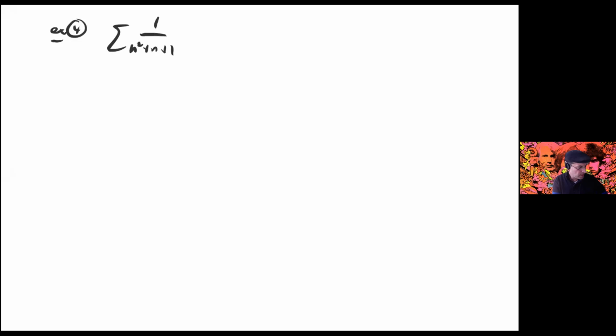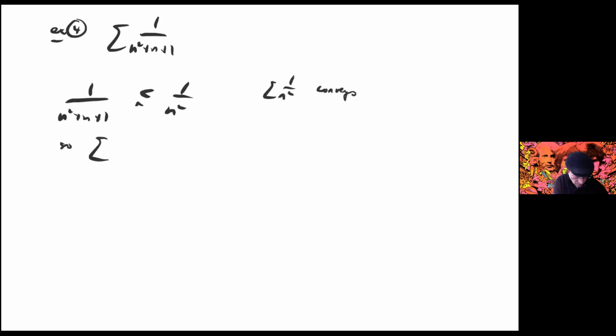Now 1 over n squared plus n plus 1 is less than or equal to 1 over n squared for all n greater than or equal to 1, and summation 1 over n squared converges. So summation 1 over n squared plus n plus 1 converges by the comparison test.